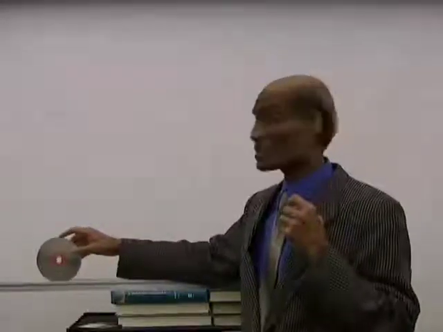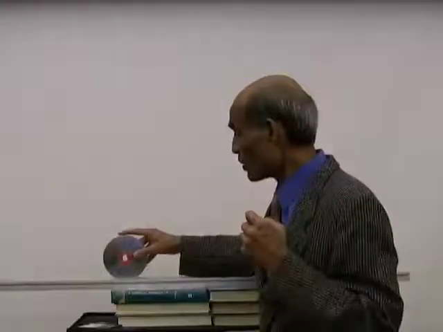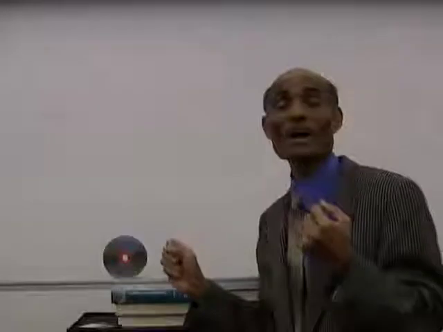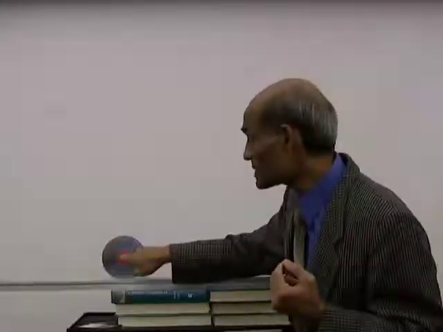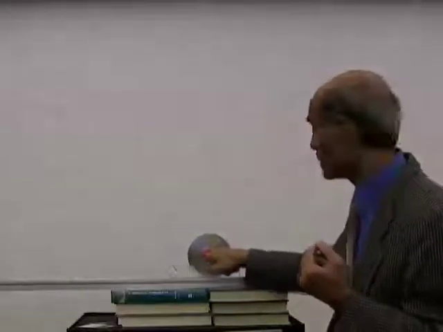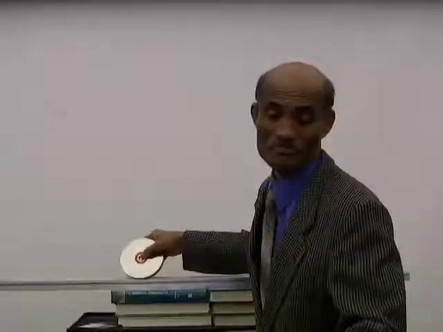It's the velocity of the center of mass that gives it the translational kinetic energy. So this rolling disc has two types of kinetic energies: a kinetic energy due to its rotation, 1/2 I omega squared, and a kinetic energy due to the translational motion of its center of mass, which is 1/2 mv squared, where v is the translational velocity of the center of mass.